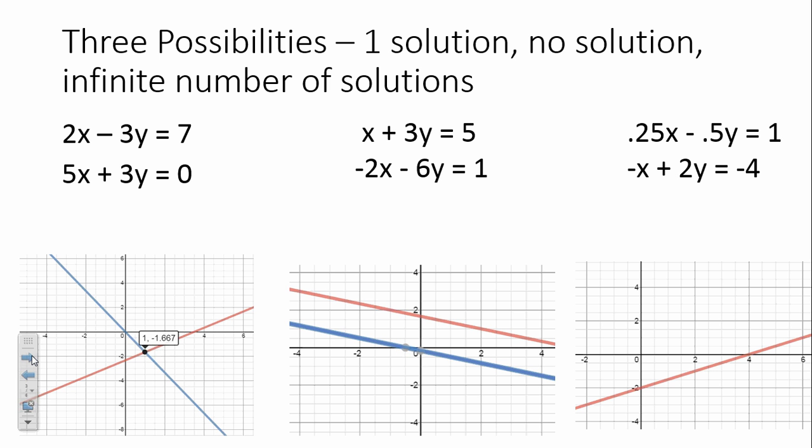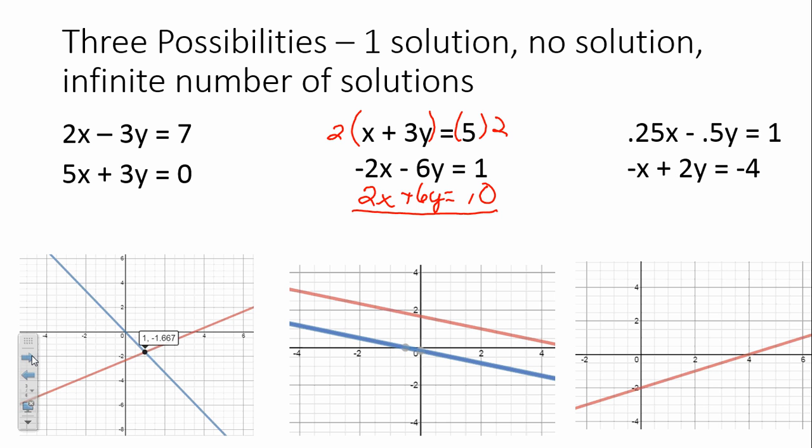Okay, how can we tell that? If you look at these and we were going to eliminate something, we would want to eliminate which one? X or Y? Doesn't matter, right? If we take the top one times 2, that's going to help us eliminate the x's. What happens? 2x plus 6y equals 10.